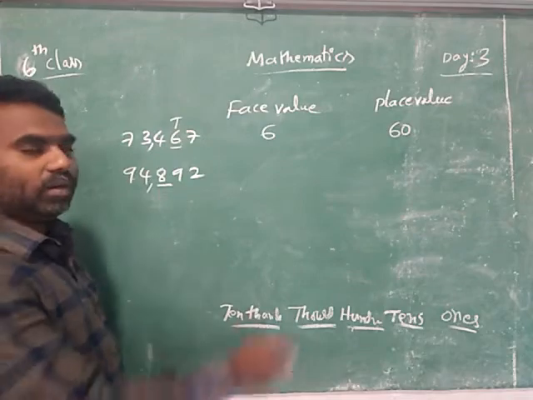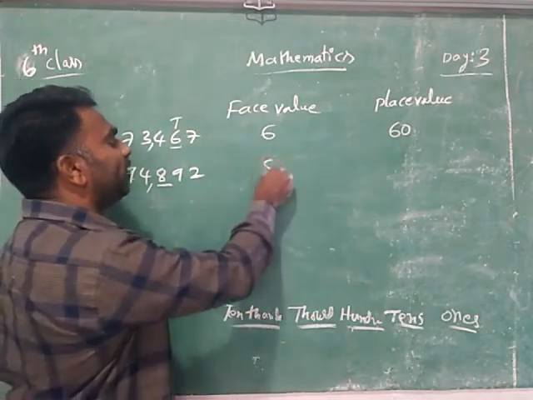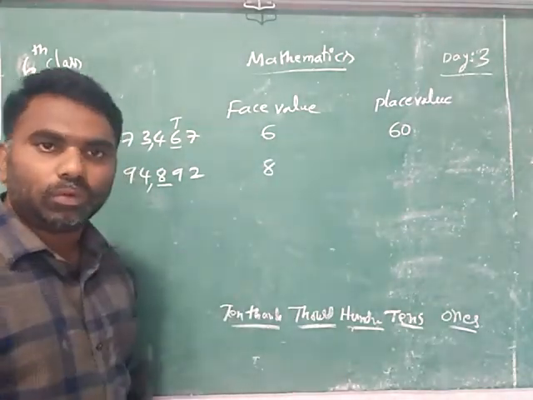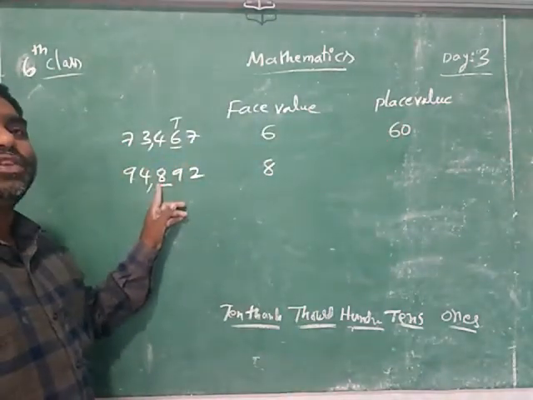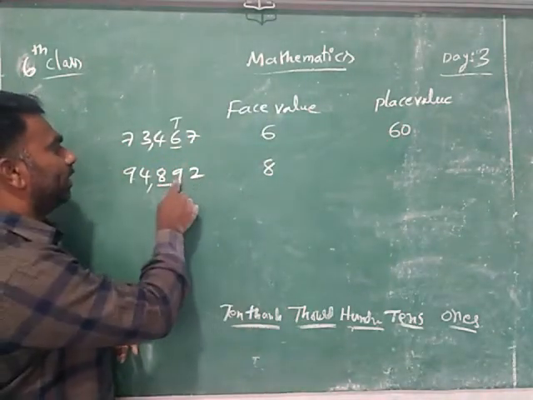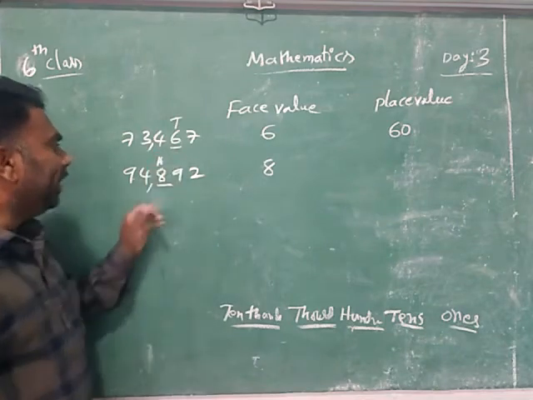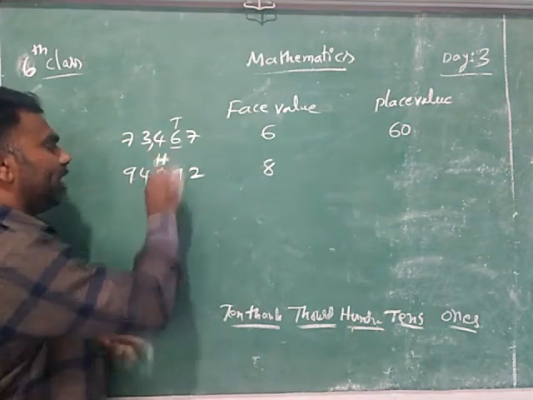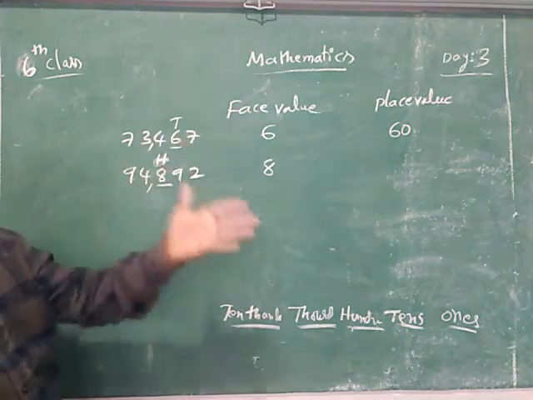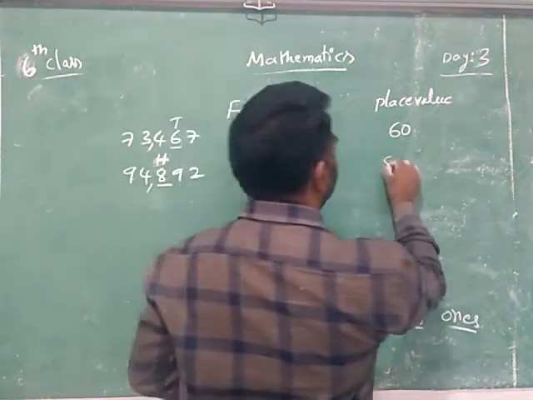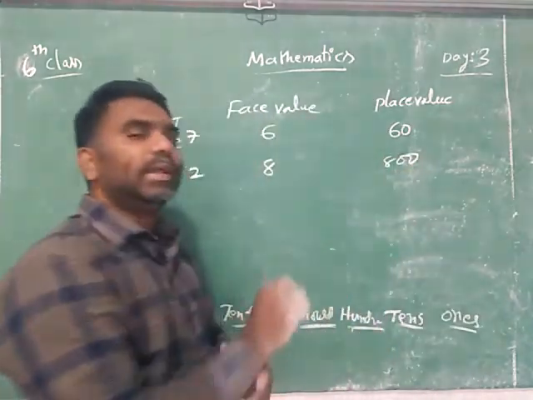Which digit is looking to you? 8. That is called face value. What is the place value? 8 is in which place? Ones, tens, hundreds. 8 is in hundreds place. That's why 8 hundreds, 800. That's why the place value is 800.